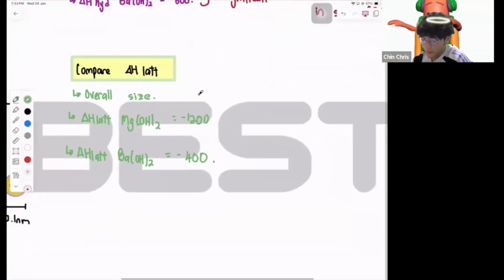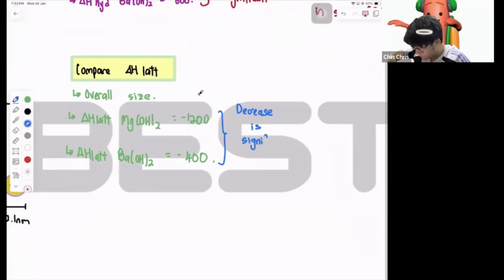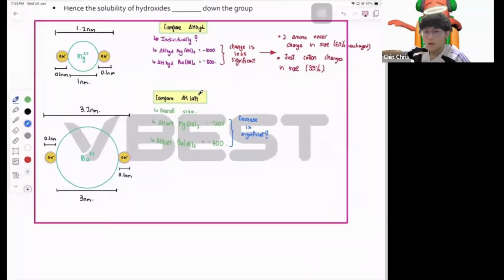Which means the decrease is very significant this time. Why is the decrease so significant? What's the reasoning?